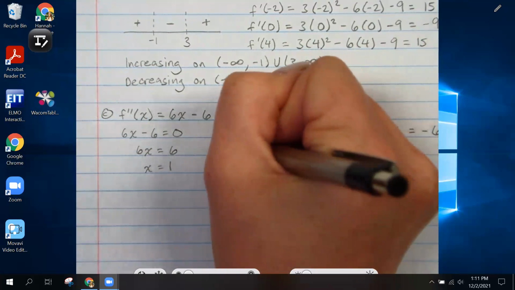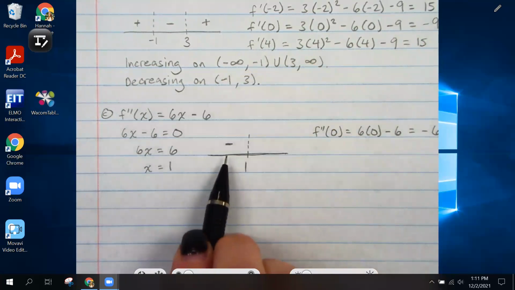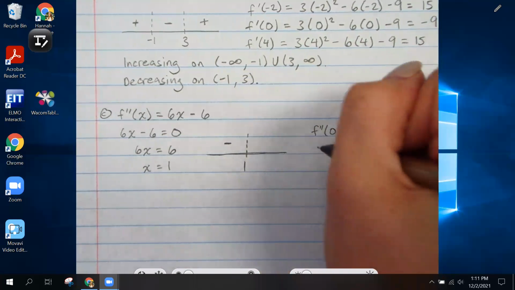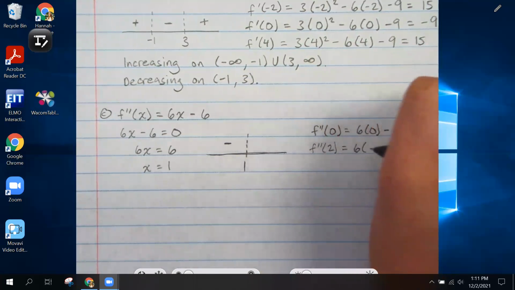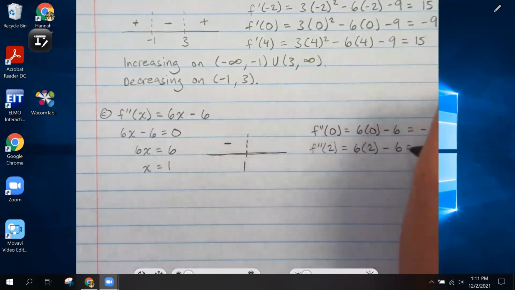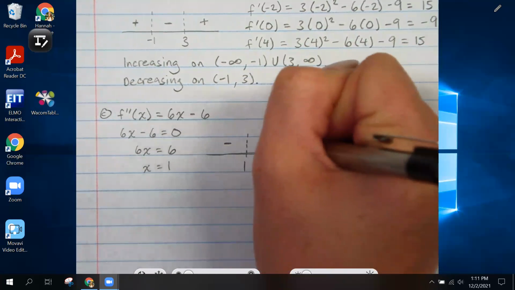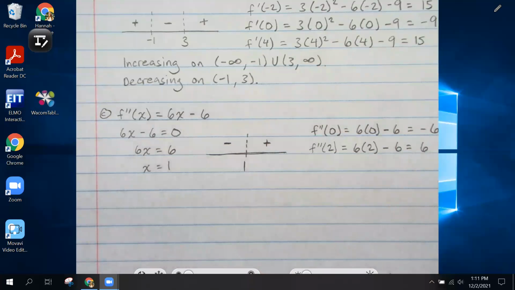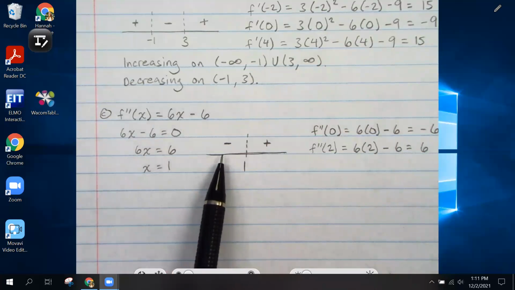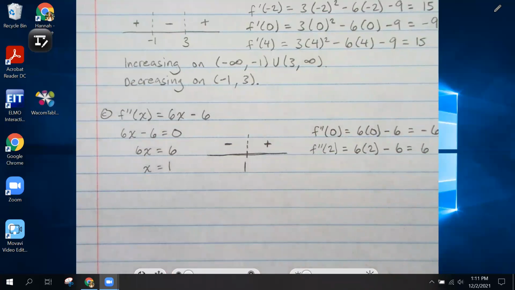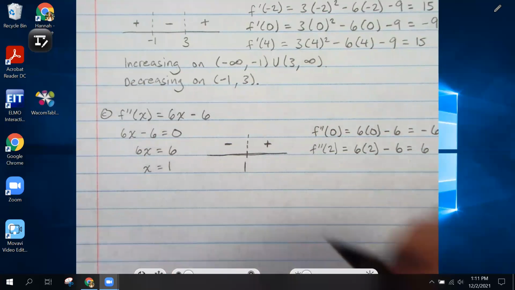So we get negative there. And let's try f double prime of 2. 6 times 2 minus 6 is positive 6, so we get positive values here. So anywhere the second derivative is negative, that means it's concave down. Anywhere the second derivative is positive, that means it's concave up.